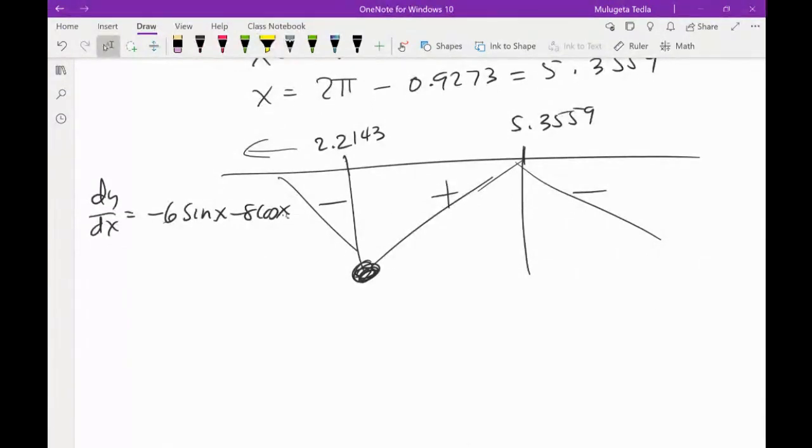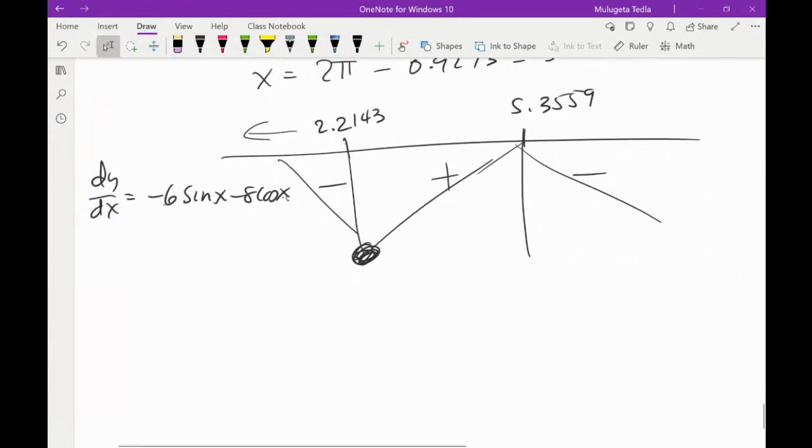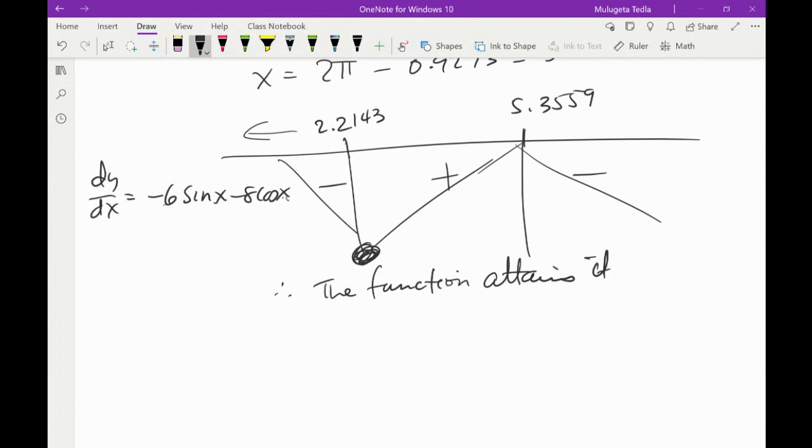They want to find the minimum value of the function. Therefore, the function attains its minimum at x equal to 2.2143, and then what?